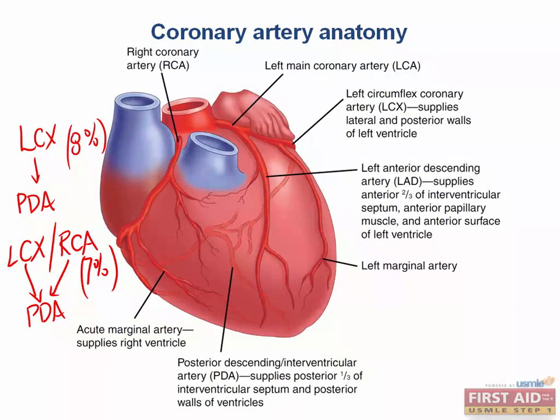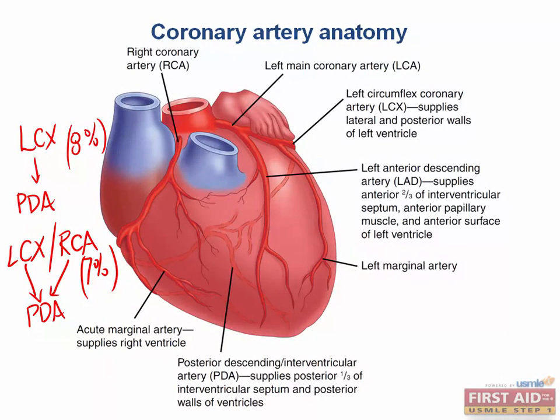So don't worry about memorizing these percentages, just remember that in a large portion of the population, the posterior descending artery comes from the right coronary artery. And if it's not coming from the right coronary artery, then you better check the left circumflex because it arises from there 8% of the time.